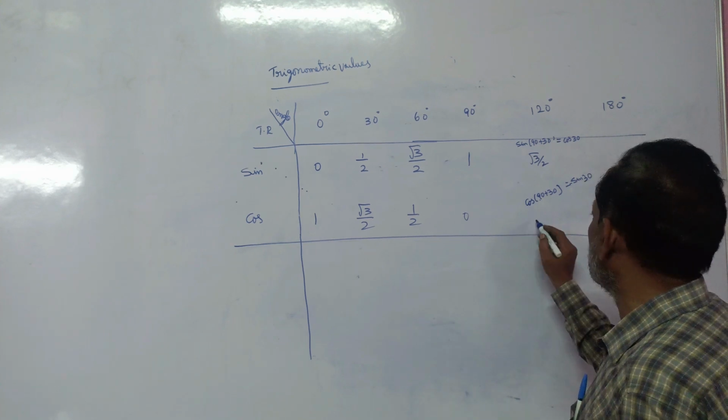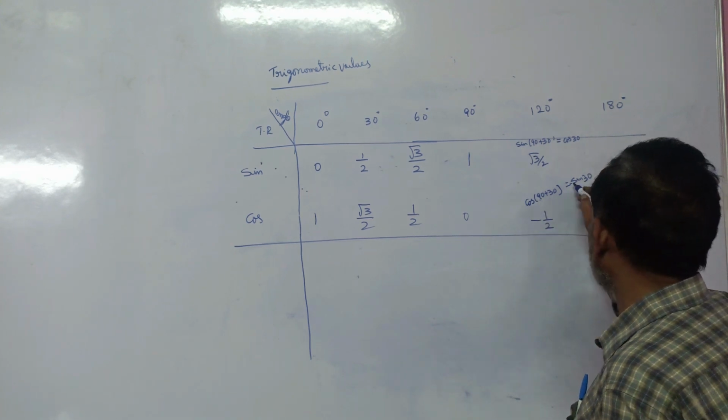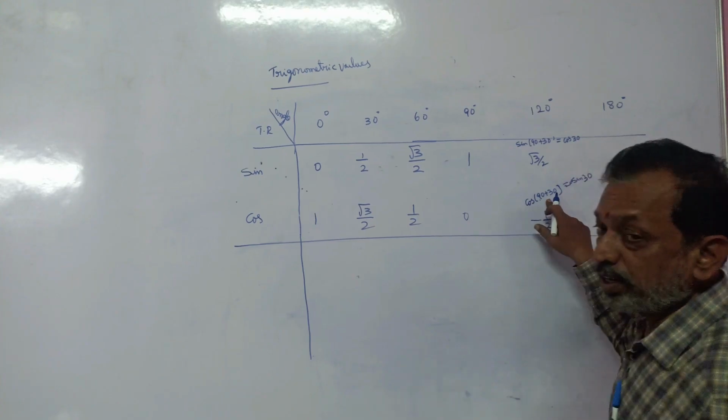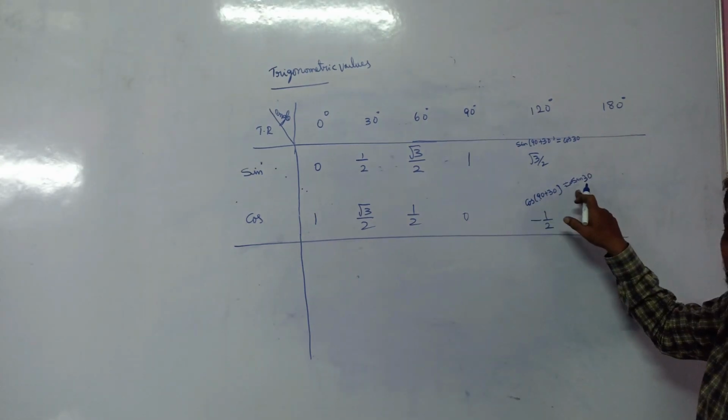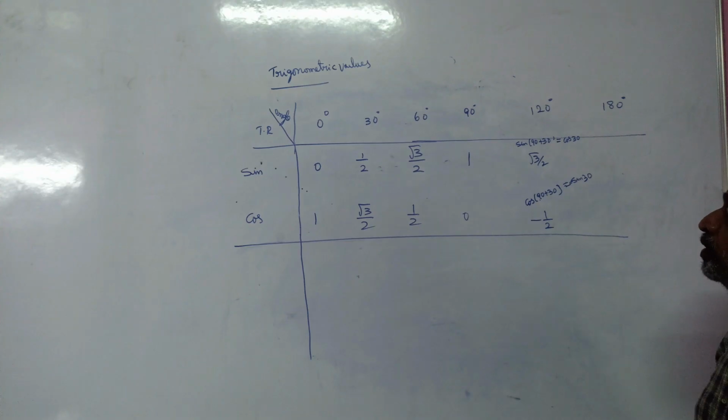Sin 30 is 1 by 2, so cos 120 is minus 1 by 2.